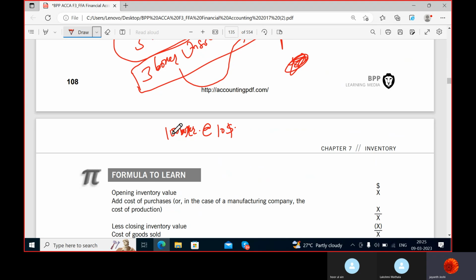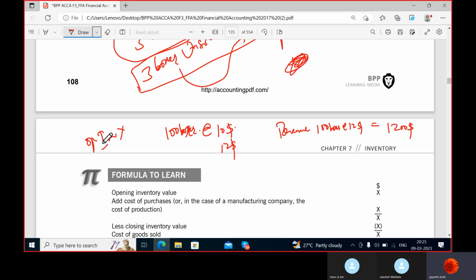So we sold all the 100 boxes for $12. So revenue for 100 boxes at the rate of $12 is $1,200.